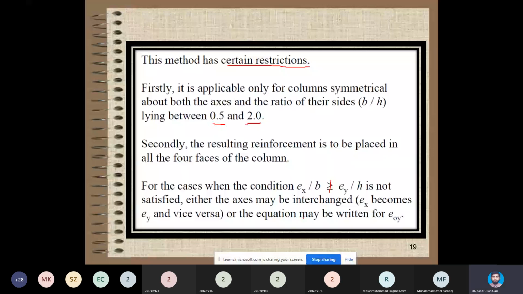Or you may write the equation for E naught Y. You need to swap X with Y in your equations, and you will still get equivalent uniaxial eccentricity, but then it will be E naught Y. So Pu into E naught Y. And later on, you obviously need to put the steel on 4 faces. So this is important.